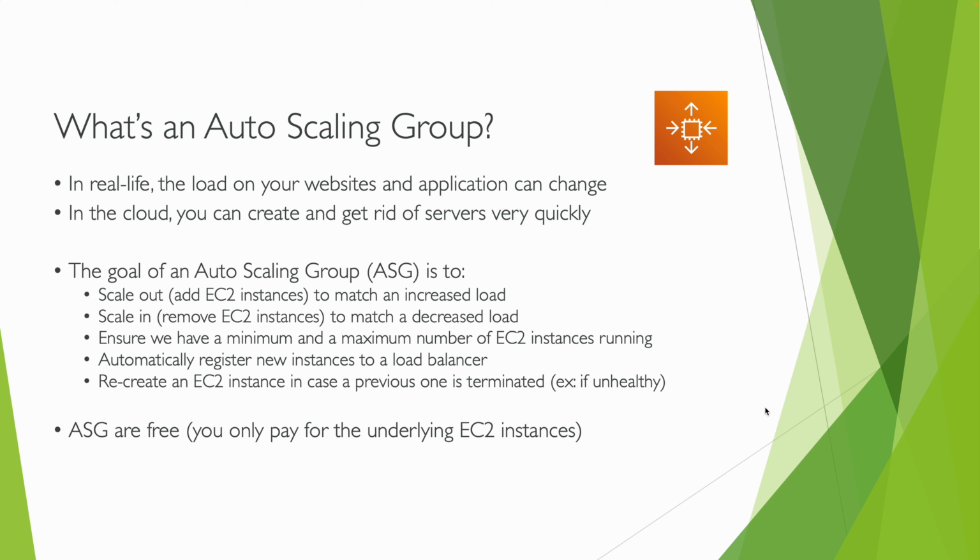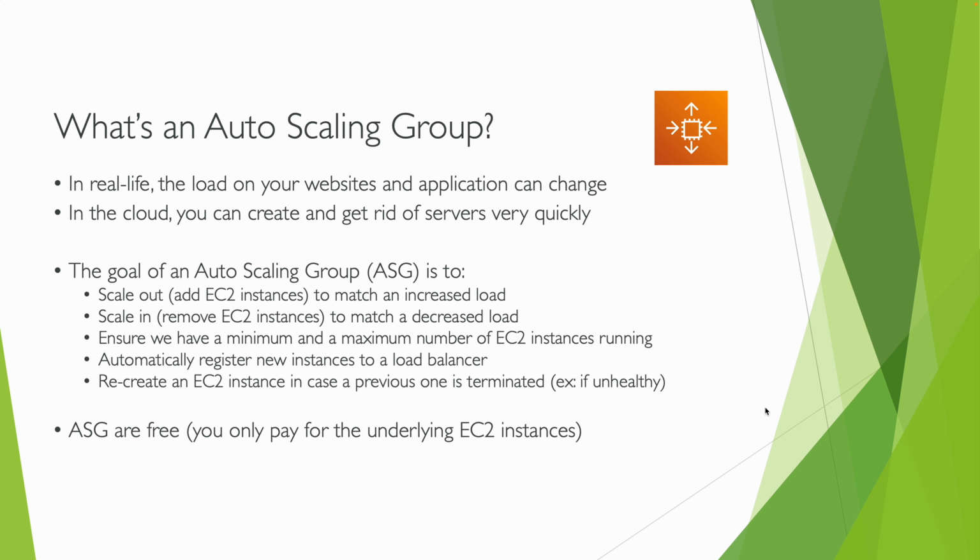The second one is scale in, which is to remove EC2 instances. This happens when you have a low load and you need to remove some servers, so that you can save some cost. And the other thing is to ensure we have a minimum and maximum number of EC2 instances running.